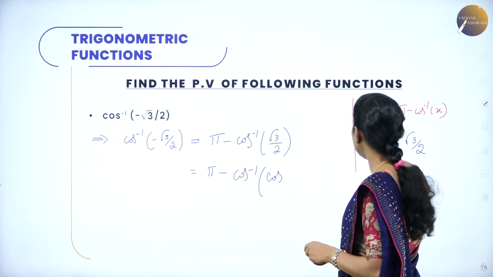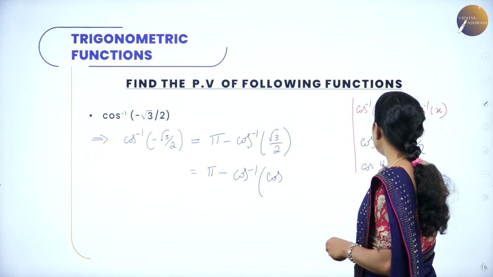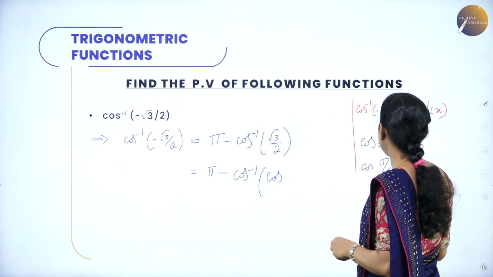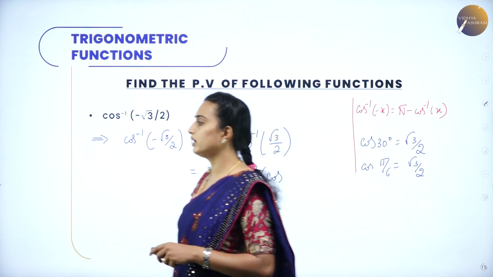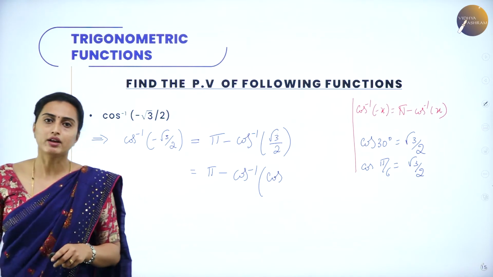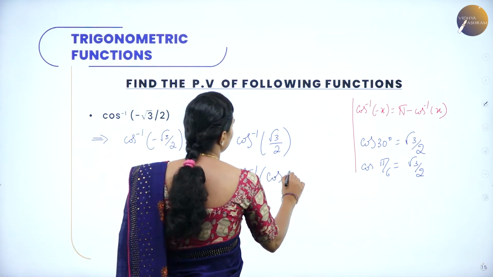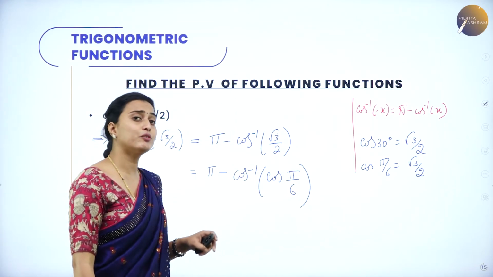Cos 30 degrees can be written as what? Cos 30 degrees is cos pi by 6. Correct? Cos pi by 6 is nothing but root 3 by 2. So you have cos pi by 6, which is 30 degrees. So therefore here, cos inverse of cos pi by 6. Why am I writing in terms of cos?